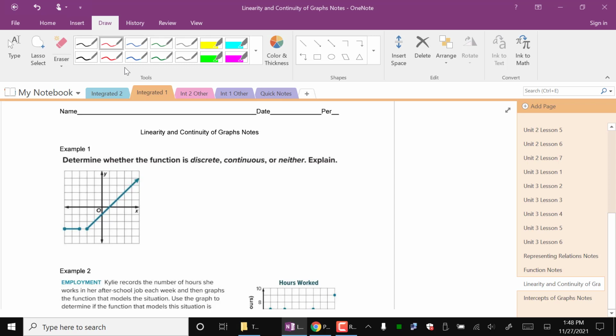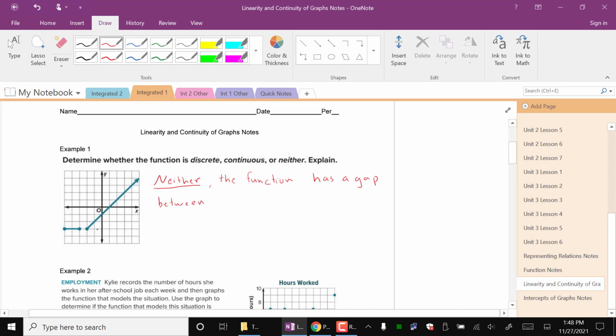So if we take a look at this one, example 1, we start off and then we end, and then we jump, and then we go. So this is actually going to be neither. And the reason for this is the function has a gap between these 2 points right here.